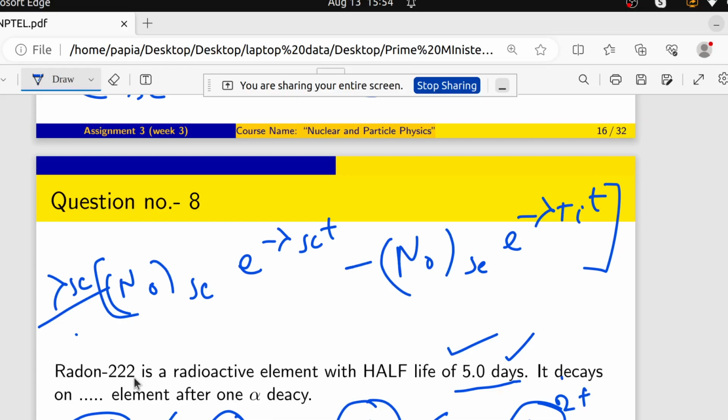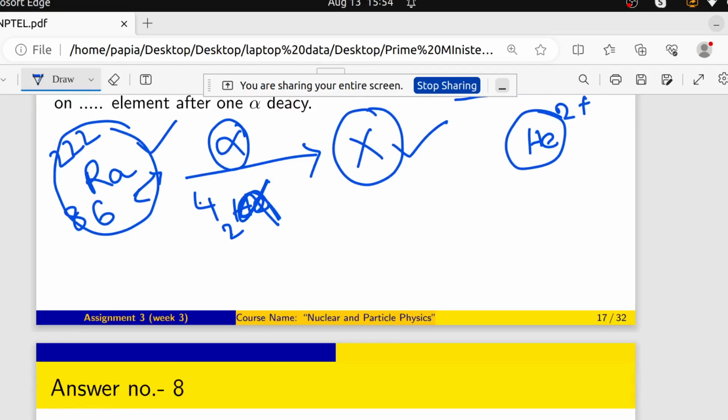On the left hand side I am writing radon 86-222. Then on the right hand side, how many product particles will be there? The product particle will be X, let's say Z-A. I don't know about that Z-A. We have to find Z and A from that equation. And then alpha is 2-4.